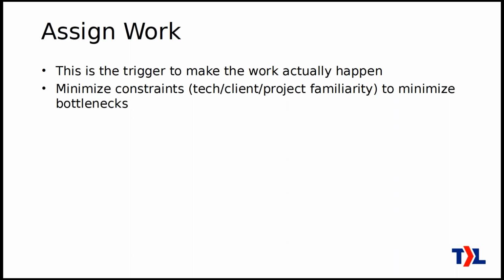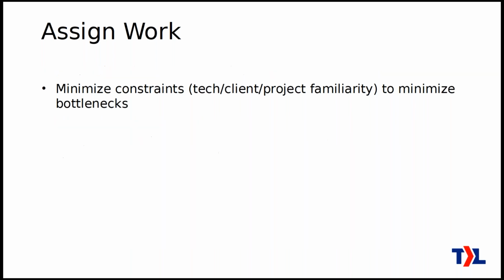Now, ideally, every member is going to have the same familiarity with all of your technology, all your clients, all your projects and whatnot. Now, that's ideal. We know that's not going to happen, but that's what allows you to assign your work in a completely uniform way. To get there, you're going to be looking at things like training and certification, and also improving your documentation.